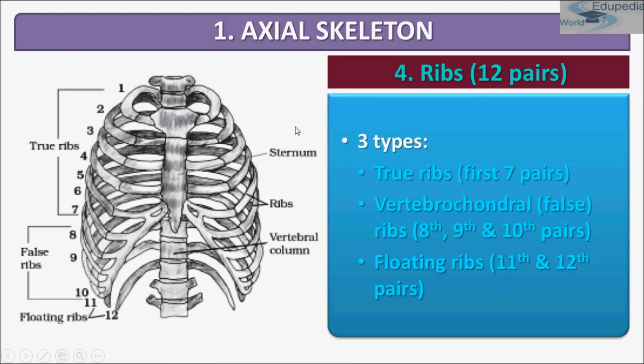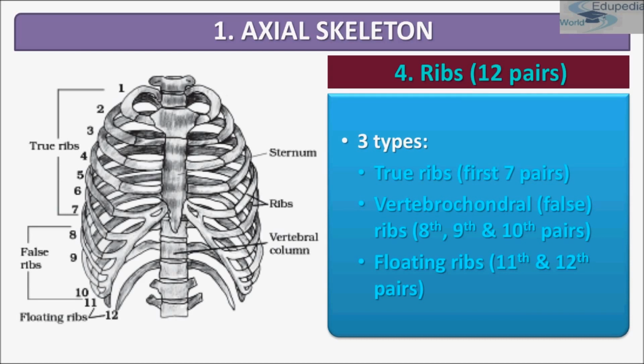Now comes your ribs. Ribs, as I have told you, are 12 pairs of circular bones. They are present in the thorax, and each rib is formed of a posterior bony part and an anterior cartilaginous sternal part, that I have already taught you.